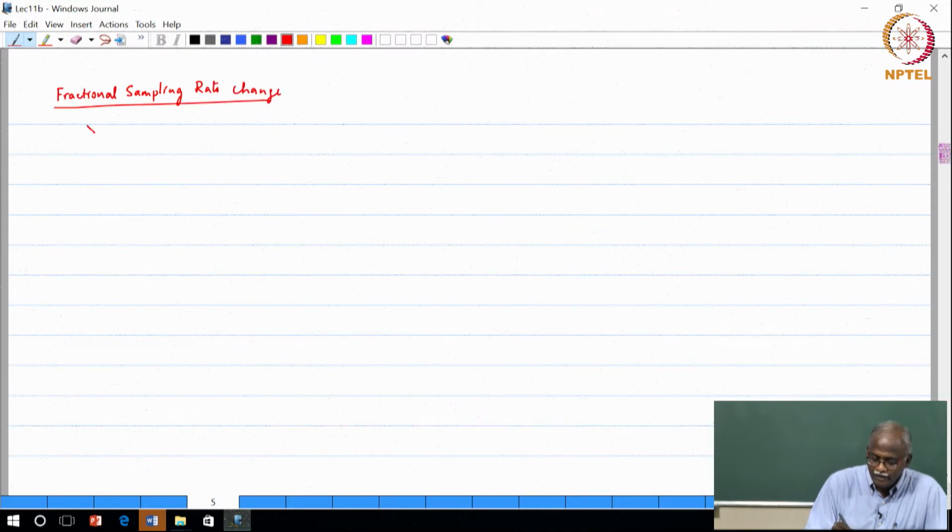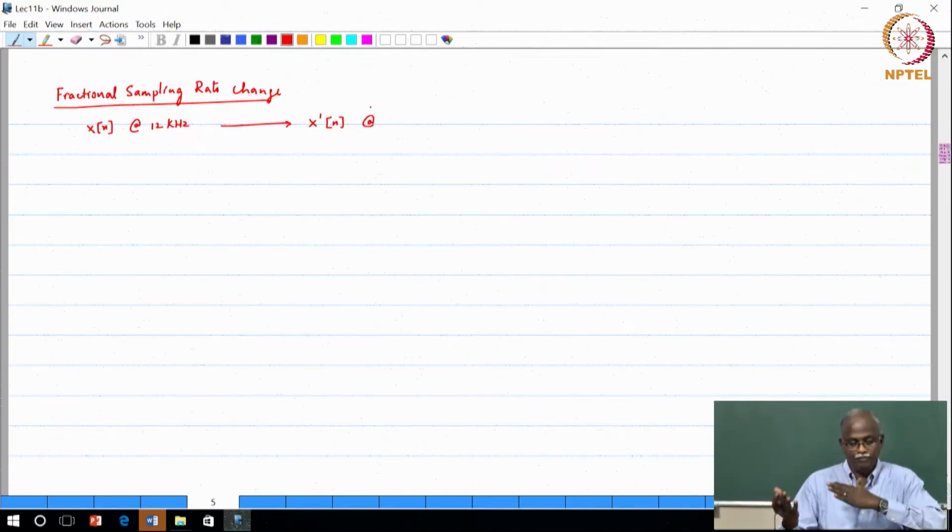So, I have a signal x of n which is sampled at 12 kilohertz, okay. Want to transform it into x prime of n, which is basically x of n, but at a different sampling rate at 16 kilohertz.